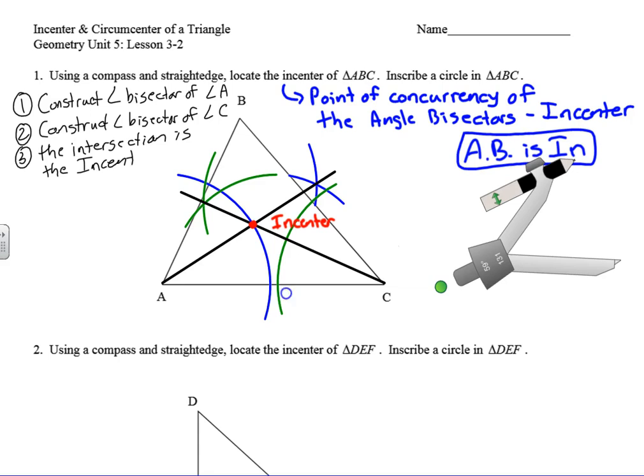So this is the center of the circle that will be inscribed inside of this triangle.